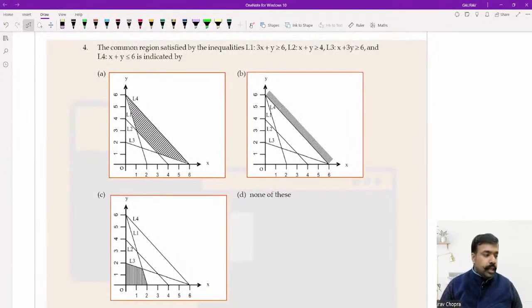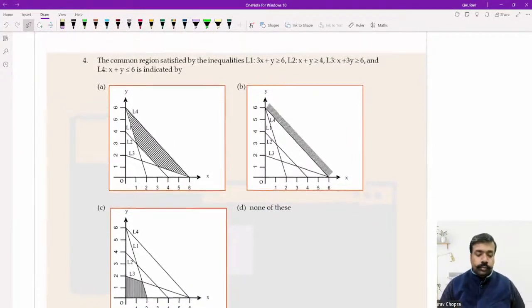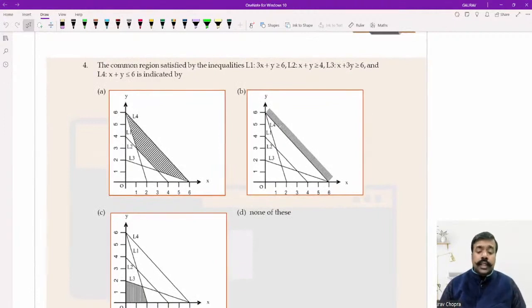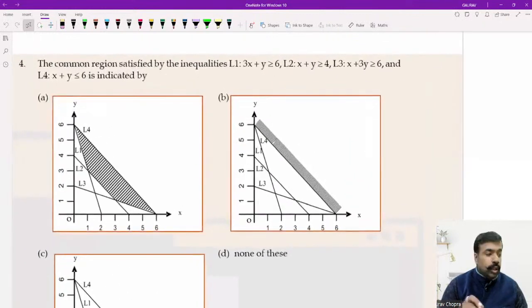All right. Now the next one, the common region satisfied by the inequalities. Now we have to see the common region for the four equations. Okay. Though again, we have to focus on the sign. So let us focus on the sign. First is having greater than equal to sign.